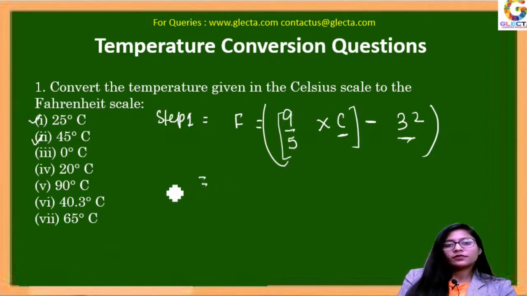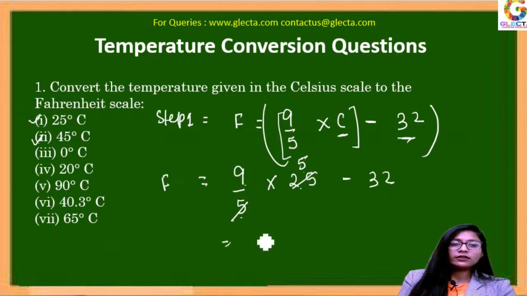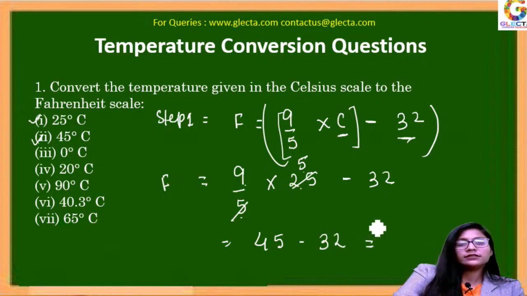Okay? For the first question, what you can do: 9 by 5 times 25 minus 32. 25 will get divided by 5, you will get 5, then 9 times 5 will get 45, then minus 32, the answer would be, what will be the answer?